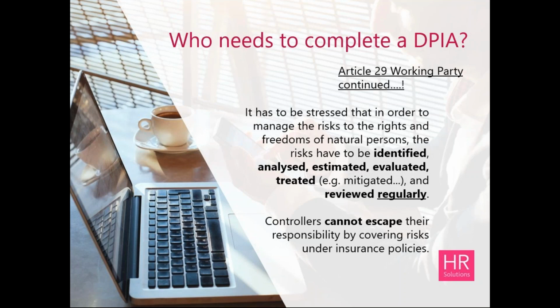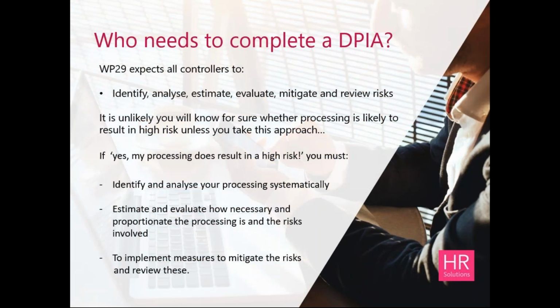All right, so what does this mean? Clearly, the Working Party 29 expect all controllers to do those things: identify, analyse, estimate, evaluate, mitigate, and review risks. Fine. I would put to you that you can't know categorically, or without doubt, whether or not your processing puts these rights at high risk, unless you have followed something akin to that advice.